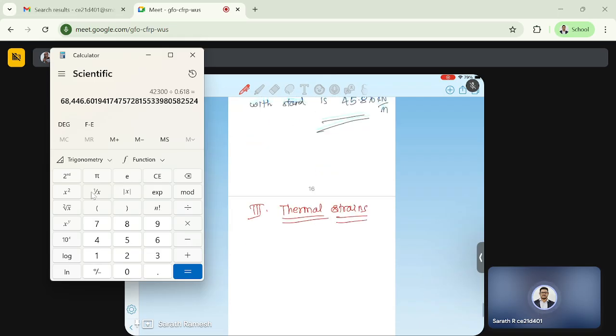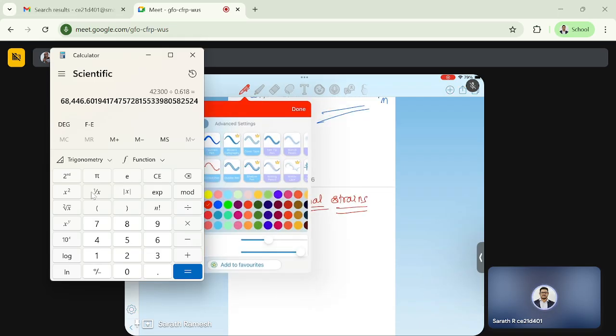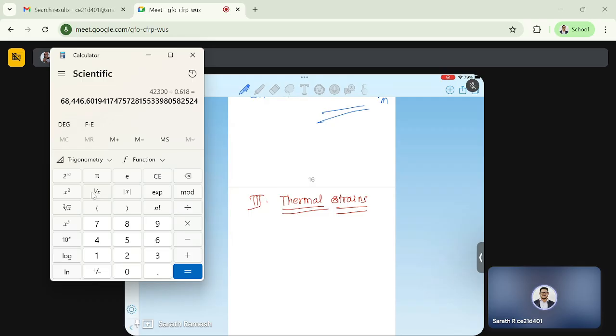So in general, we can write the observed strain as a sum of a lot of strains. One is the mechanical strain that we see, the force by area. Another is strain due to temperature, this thermal.